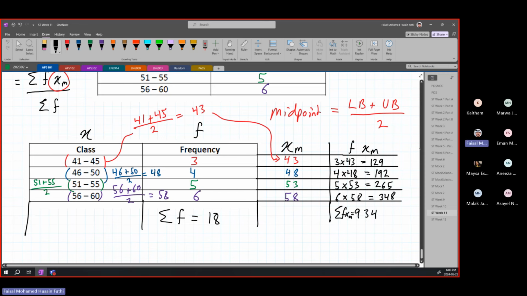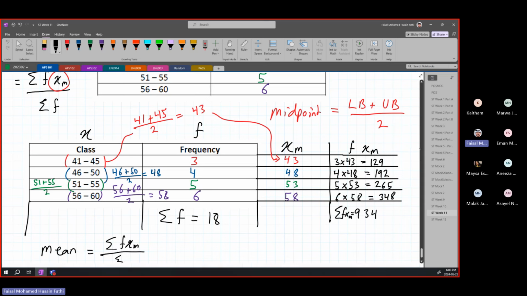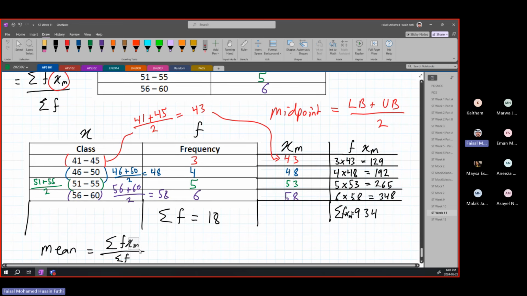And remember, our mean is equal to sigma fxm over sigma f. Sometimes they'll just write it, or if they give you an equation or a formula sheet, they're going to write it as sigma fx by itself, just x. But when you see any class, just always keep in mind, in any case, that x means the midpoint. All right?